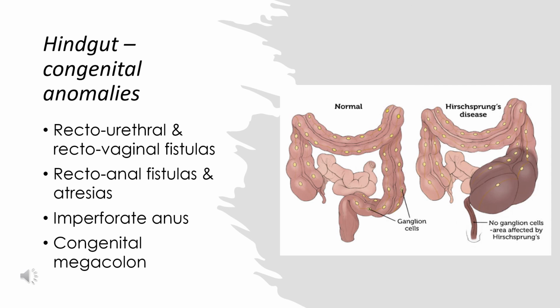Another important anomaly related to the development of the hindgut is termed congenital megacolon. The congenital megacolon is due to absence of the parasympathetic ganglia in the wall of the intestine. So this is also called aganglionic megacolon or Hirschsprung's disease.